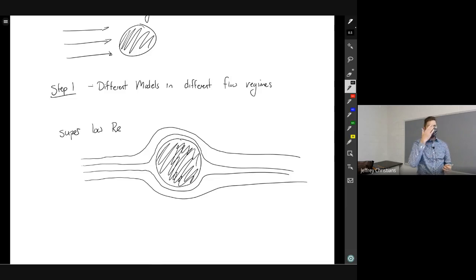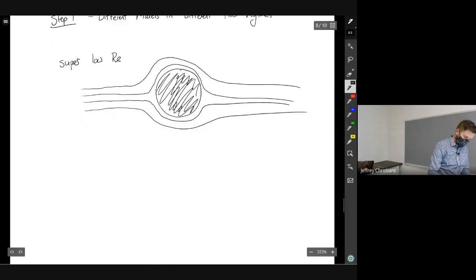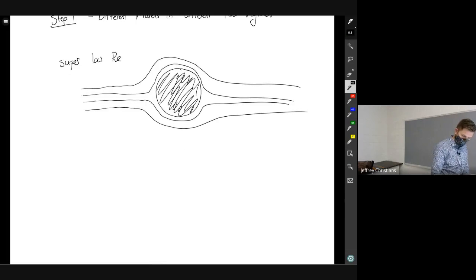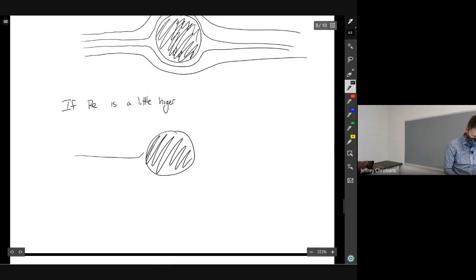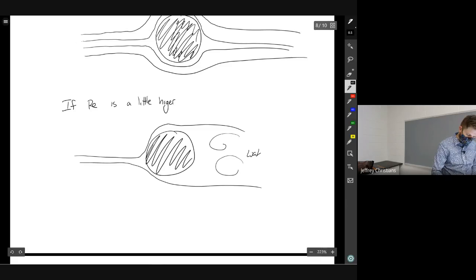But even with cylinders, even if the flow gets a little bit faster, our flow is going over, but then we end up forming a wake behind our cylinder.